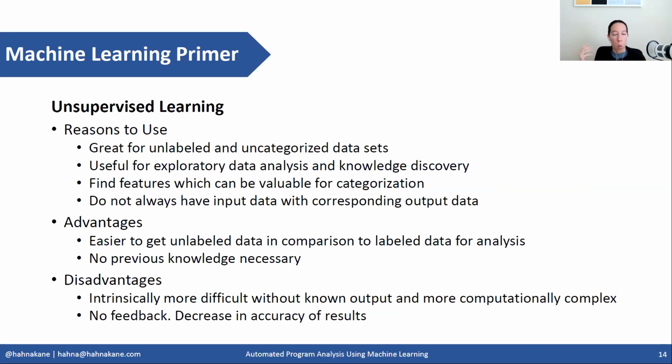So why would you want to use unsupervised learning, and when would be a good time to apply it compared to supervised learning? So it's great for unlabeled and uncategorized data sets. It's very common to either collect, generate, or receive data that has not been labeled, that has not been categorized, and it's really up to you to do that.